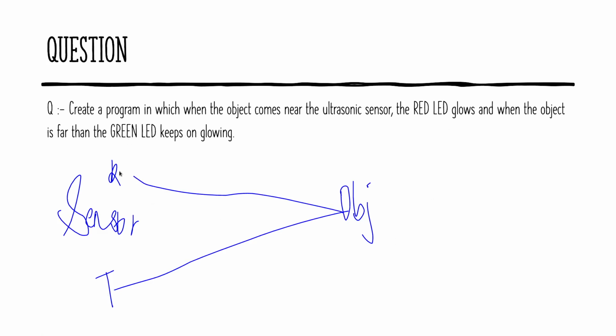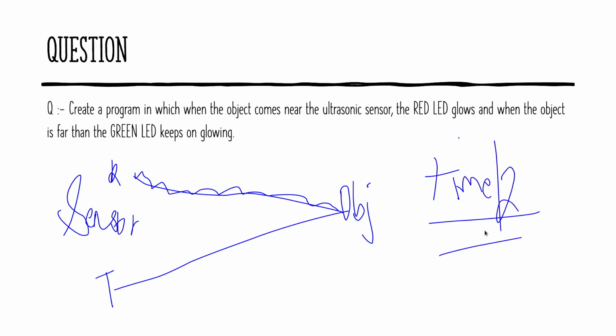But we want only the time of one way, so this is double, and to get the real value we have to divide the time by 2. When we do that, we will get the time of the ultrasonic waves going from the object to the receiver, and then we will get the exact time.